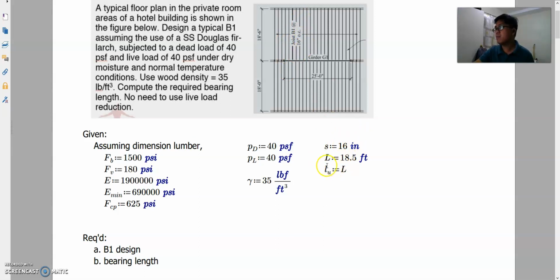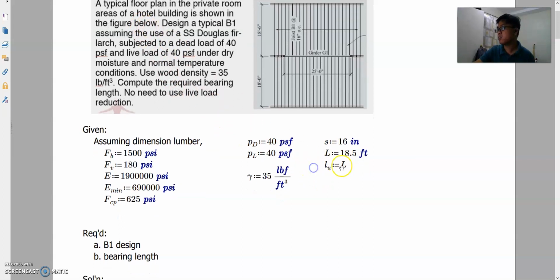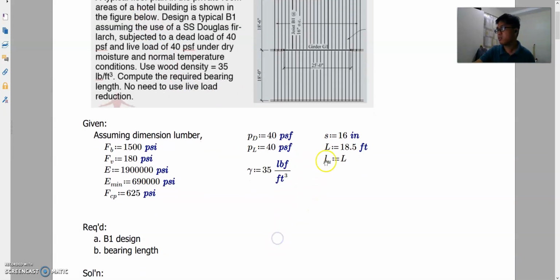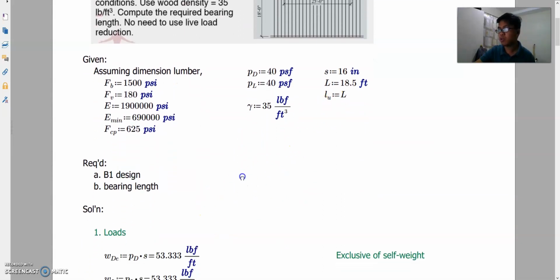And then beam span is 18.5 for this side here. Oh, sorry about this one. Later I'll discuss, I think, about the LU, there's a note, okay? Later we'll go back to that.